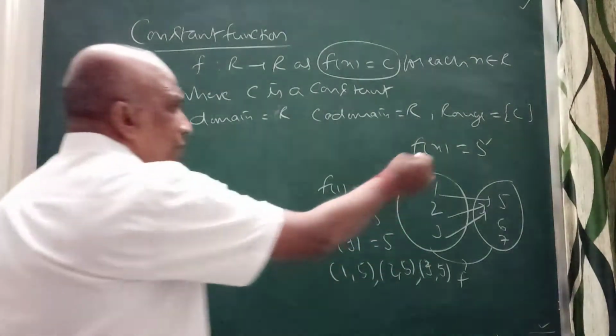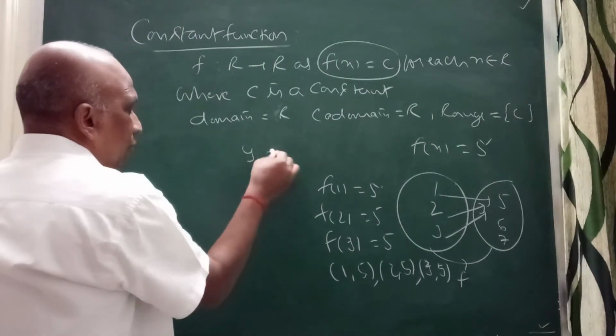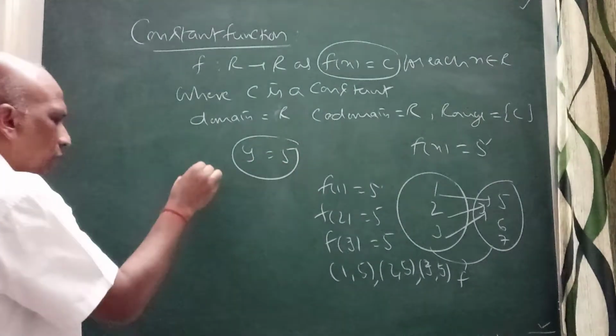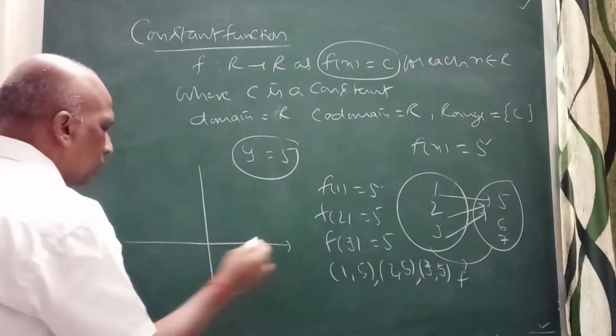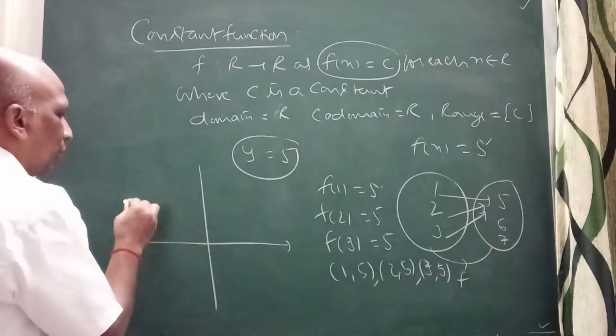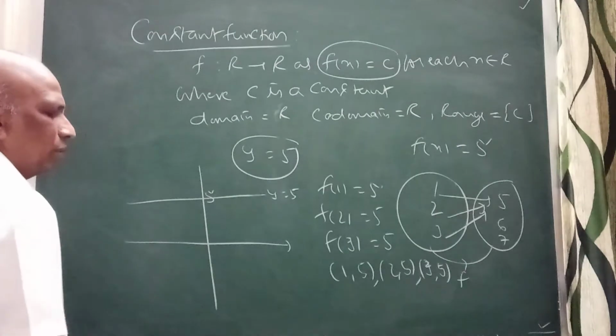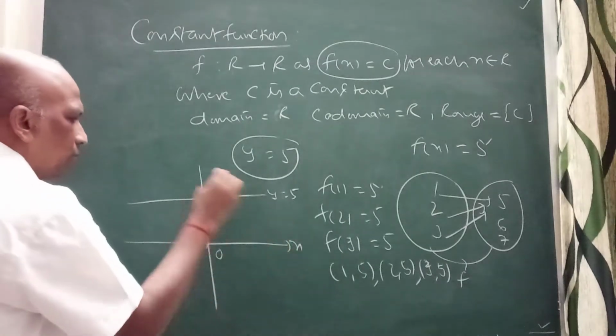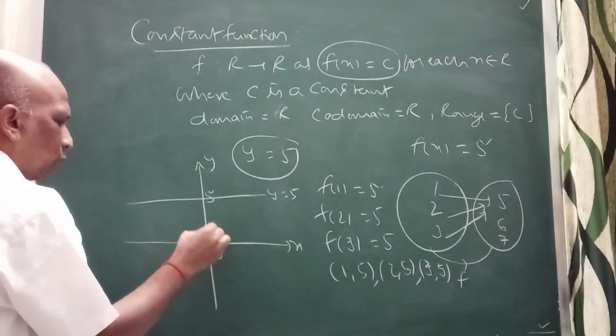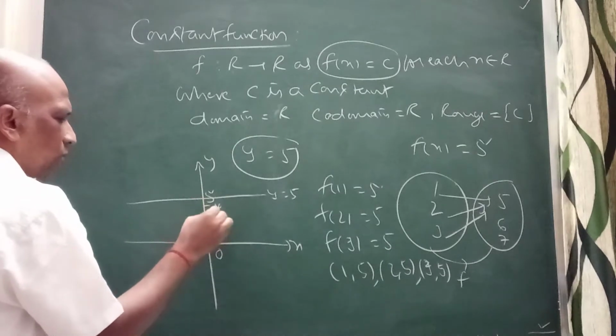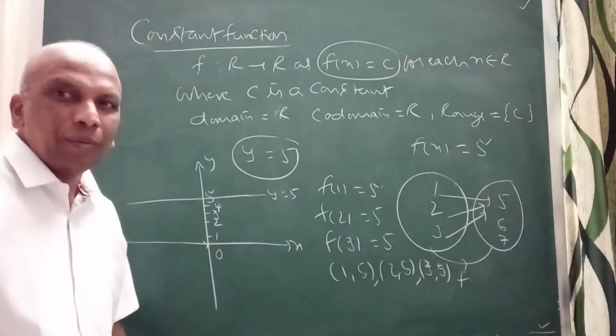That means f of x equal to 5 means I can consider y is equal to 5. It gives a straight line. I'm giving an example. So y is equal to 5 means somewhere here. Let this be 5. Here I can write 1, 2, 3, 4, and this is 5, y is equal to 5.